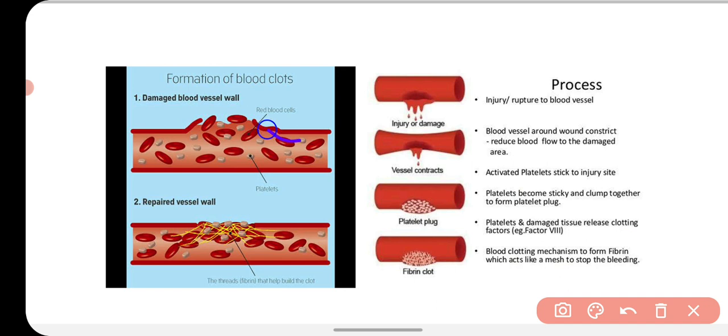At the place of injury, the fibrin makes the mesh in which the platelets stick together and make a platelet plug, and that's how it stops the bleeding. So the platelets have the main function to stop bleeding by blood coagulation or blood clotting.